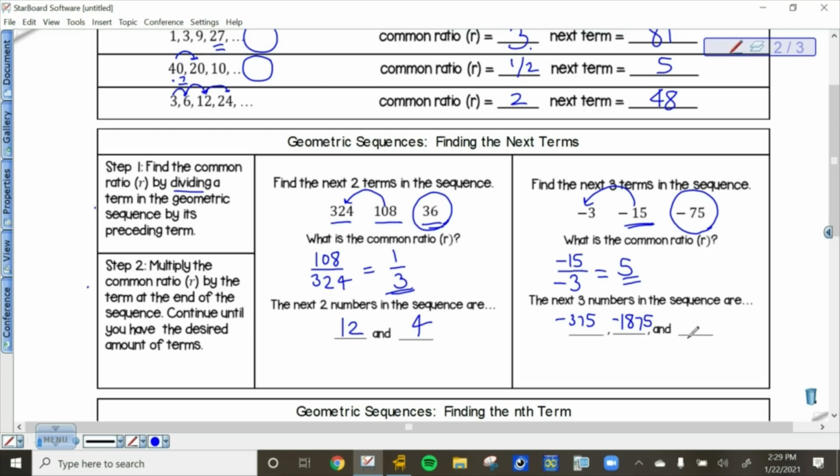And how do we find the next term? You multiply again, which gives us what? Negative 9,375. Thank you, Jasmine. You are the calculator wizard today.